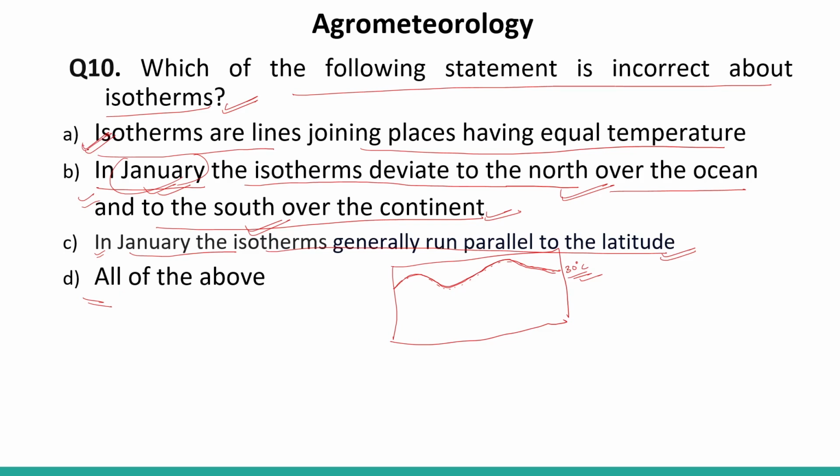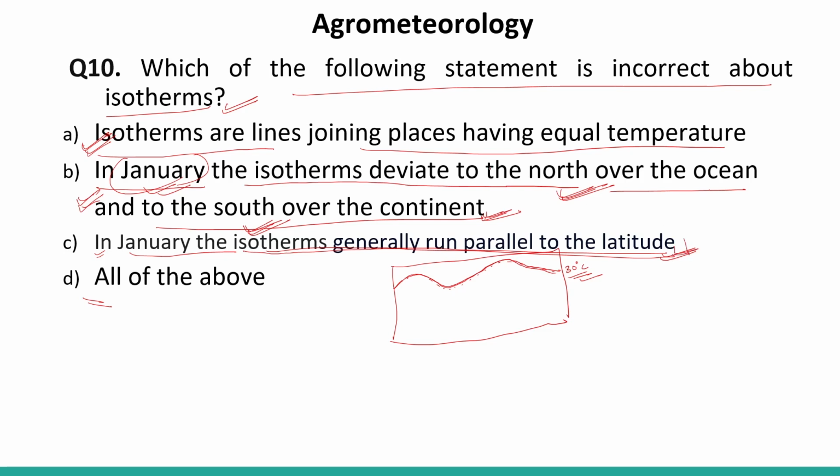The first statement is correct, and the second one is also correct: in January, the isotherms deviate to the north over the ocean and to the south over the continent. But the statement that in January the isotherms generally run parallel to the latitude totally contradicts the second statement. This is actually the correct statement for July. In July, the isotherms generally run parallel to the latitude.